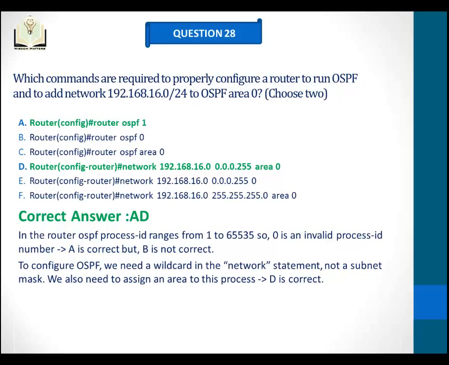And the answer is A: Router(config)# router ospf 1, and Router(config-router)# network 192.168.16.0 0.0.0.255 area 0.